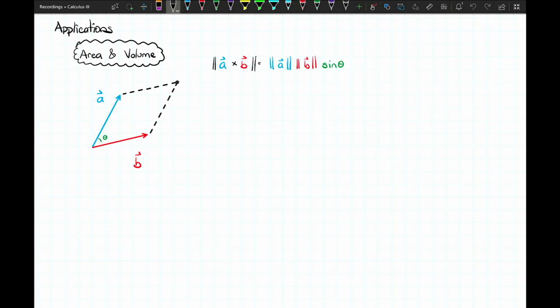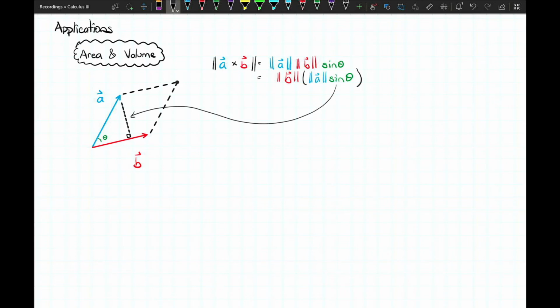If you recall, the norm of A cross B is equal to the norm of A times the norm of B times sine of theta. Let me just rearrange this for a moment: norm of B times norm of A sine theta. Thinking in terms of right-angled triangles, A sine theta is going to be the length of this perpendicular side here, where we formed a right-angled triangle using theta and using A as the hypotenuse.